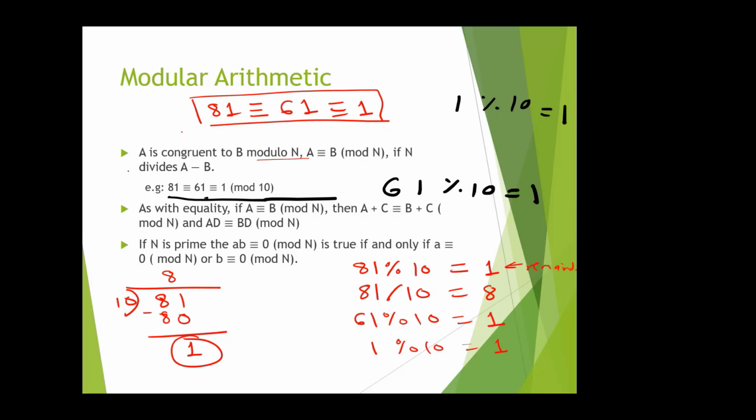In other words, if I multiply 81 by 2, I multiply 61 by 2, and I multiply 1 by 2, the values I'm getting here might be 162. Here the value might be 122.